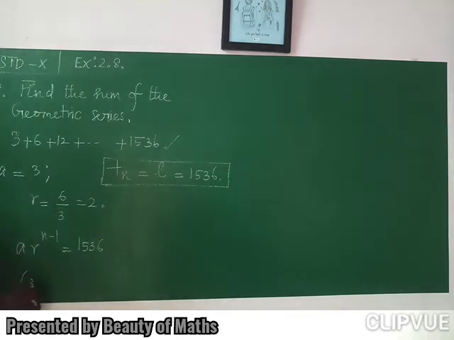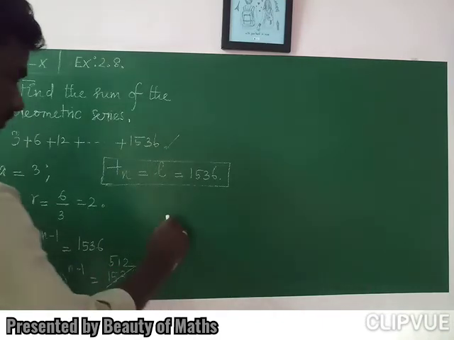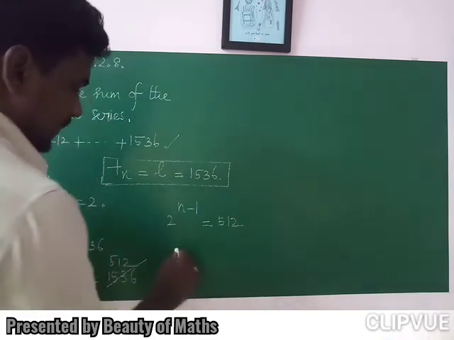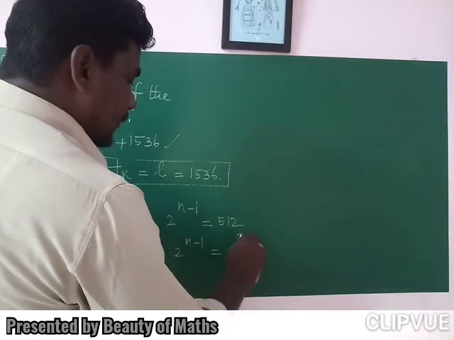The a value is 3 and the r value is 2, whole power n minus 1 is equal to 1536. It can be divided by 3, so 2 power n minus 1 is equal to 512. This 512 is 2 power 9.